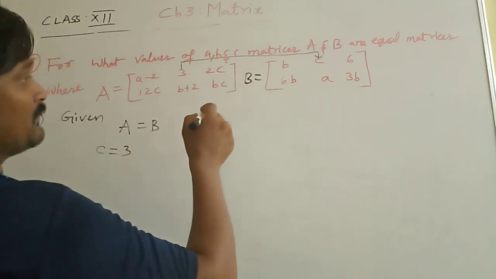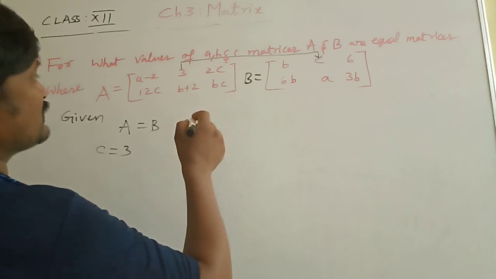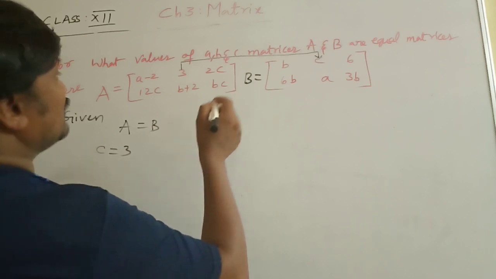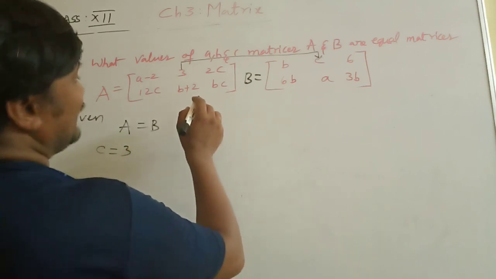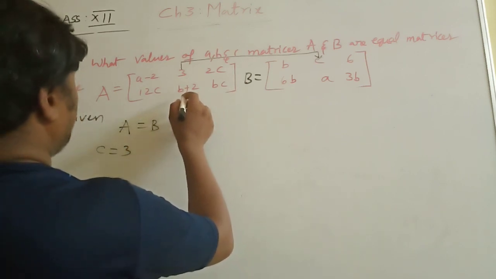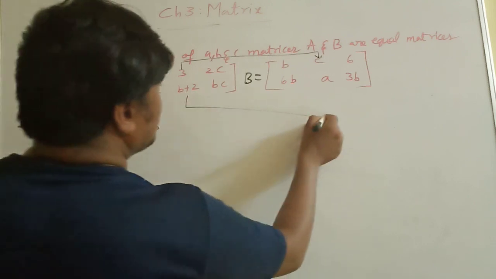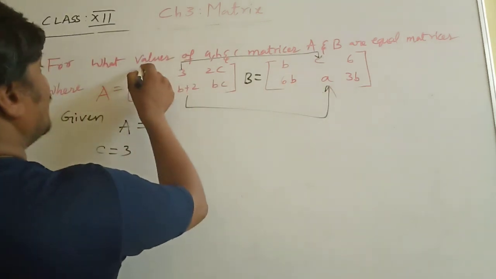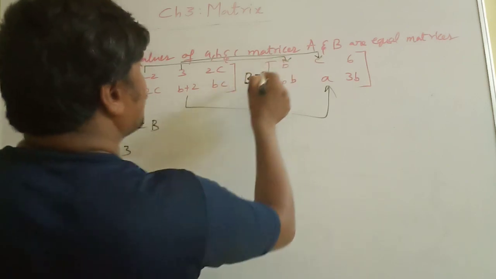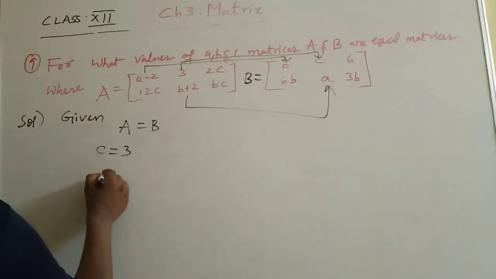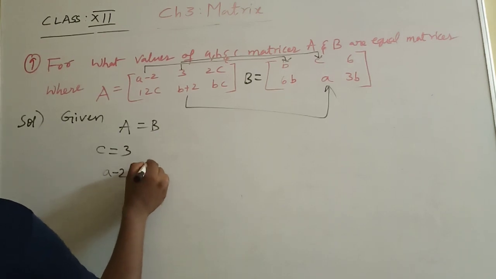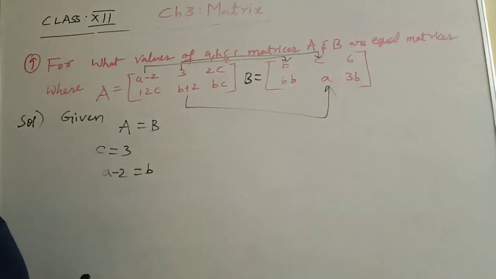So where is the easiest one here? Okay, C is equal to 3 you got. And next, B plus 2 is equal to A, and A minus 2 is equal to B. So now I can write here A minus 2 is equal to B.